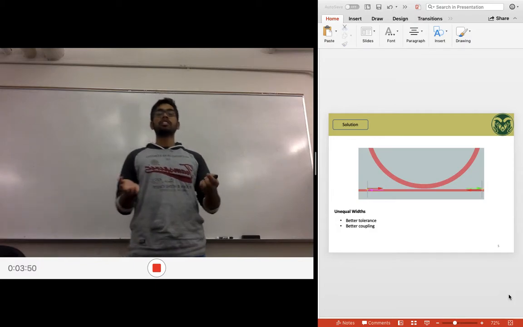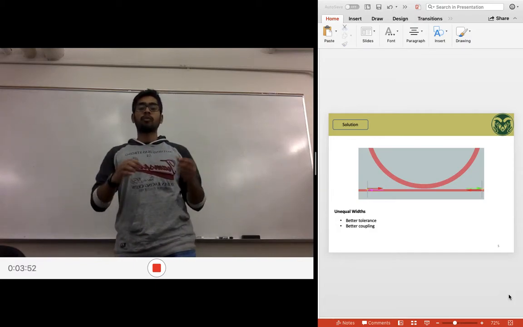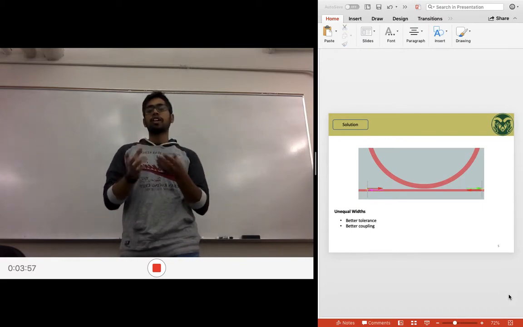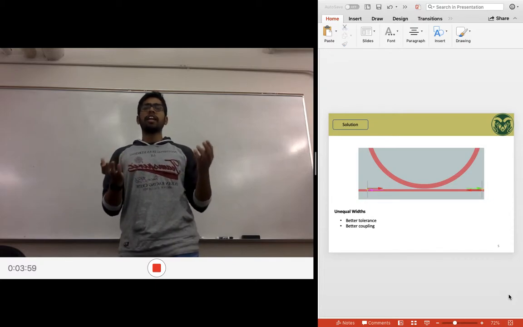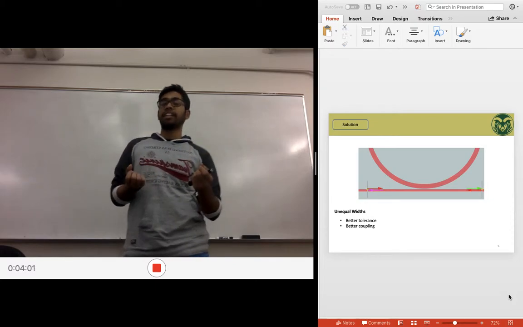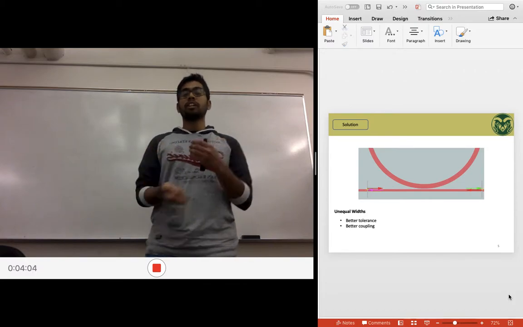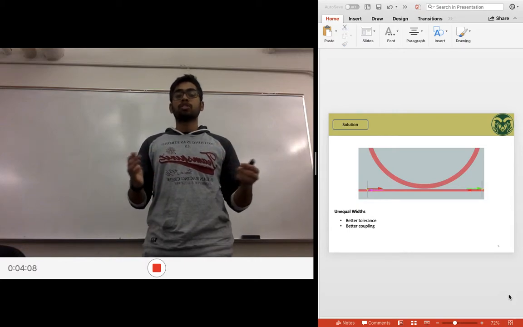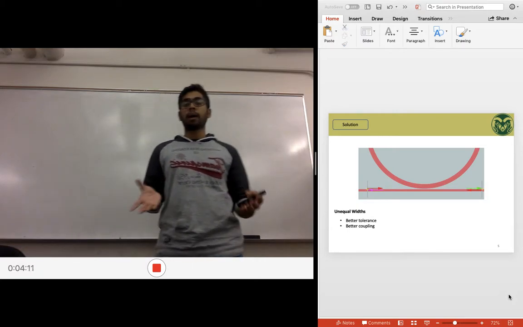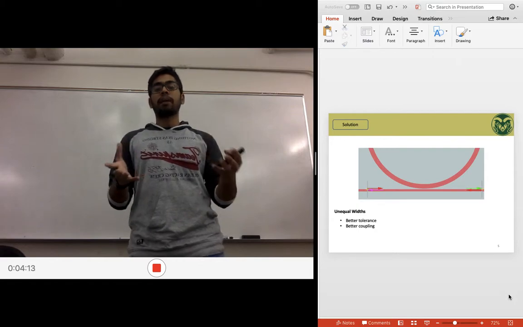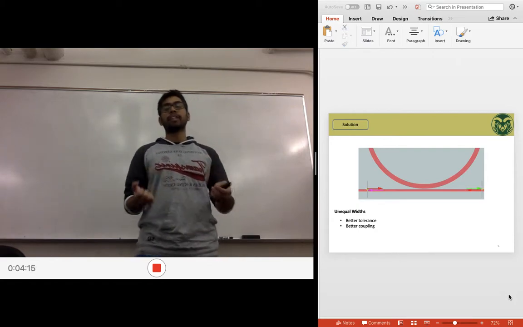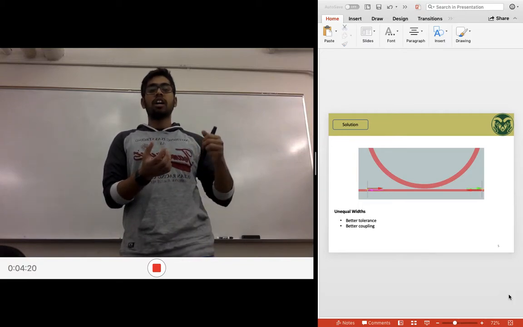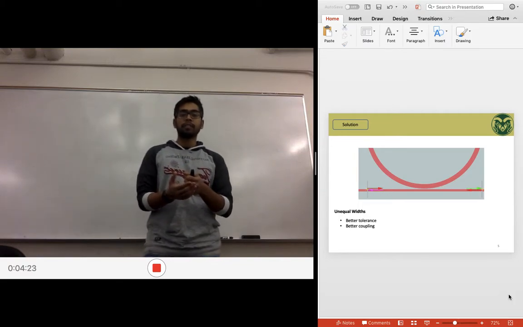And in this figure, the width of the straight line is slightly lesser than the width of the curved line, which creates inequalities, and these inequalities actually help us with variations and better coupling. So this is a solution that we came up with in our lab to address the problem of lesser variations, which is increasing the tolerance and coming up with a better coupling.